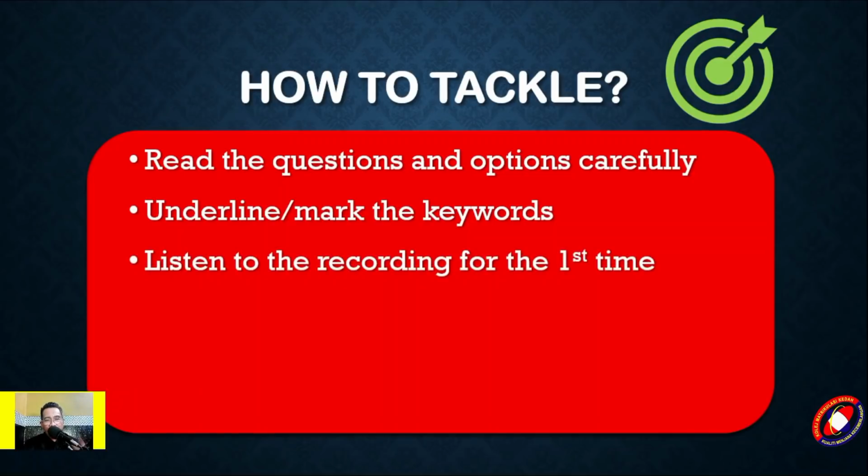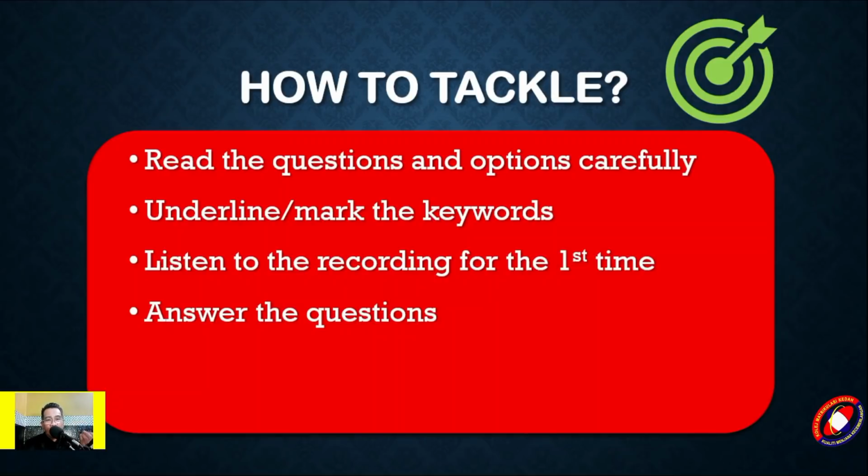Listen to the recording for the first time as it is played. Okay? Listen to it for the first time. And then, look at the worksheet. Answer the question. Process everything. Mental process. Remember I told you?